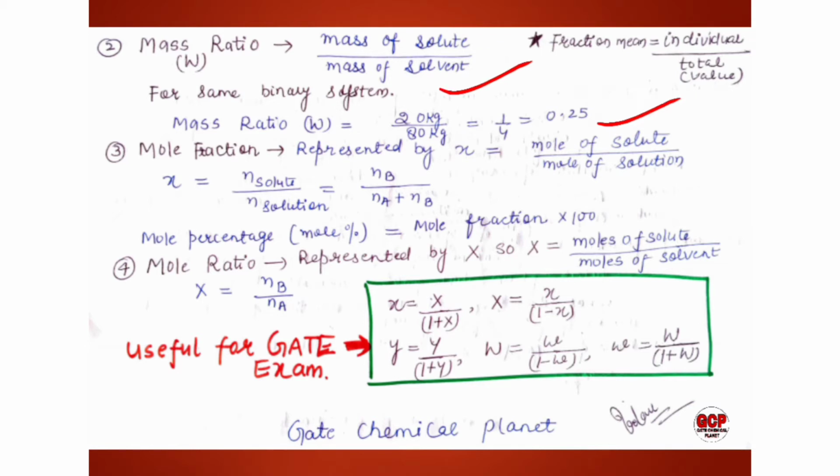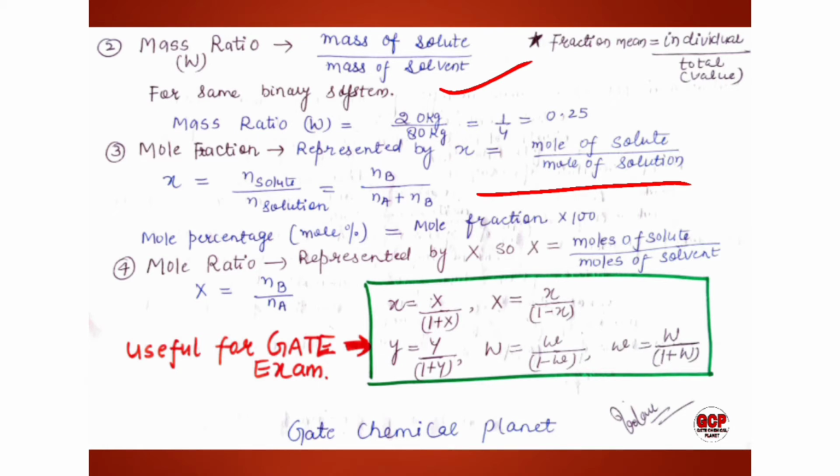So now we will come to mole fraction. Mole fraction is represented by small x in the case of liquids, and in the case of gases, it is represented by small y. Here we are considering a binary system of liquids, so we represent mole fraction by small x. Mole fraction is equal to the moles of solute divided by the moles of solution.